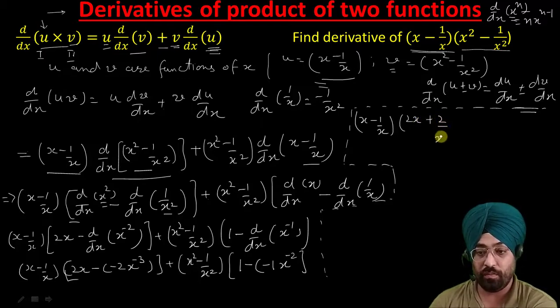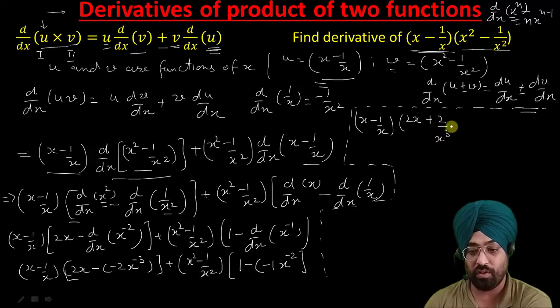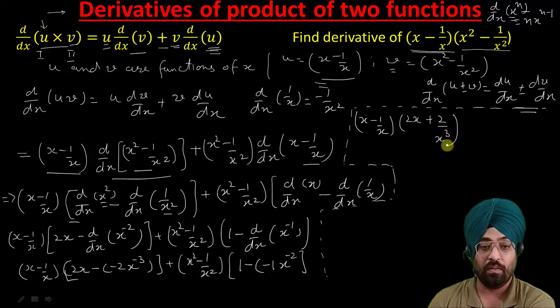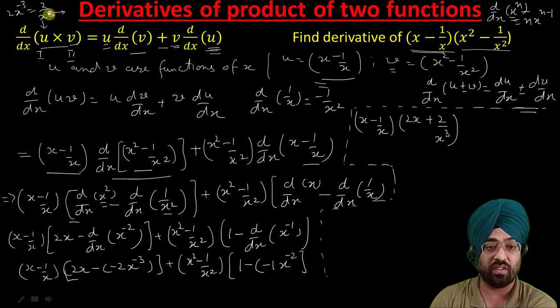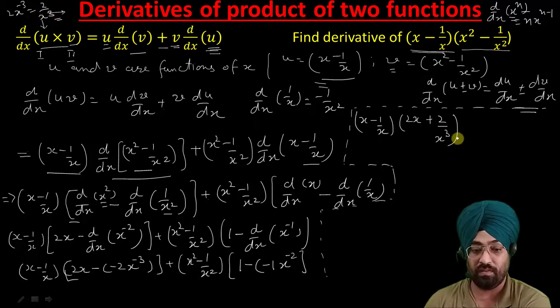When it goes in denominator, it becomes 2 divided by x raised to the power 3, because 2x raised to the power minus 3 can be written as 2 divided by x raised to the power 3. When this goes in denominator, the power becomes positive.